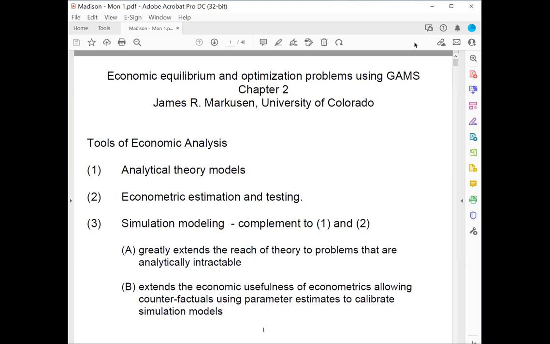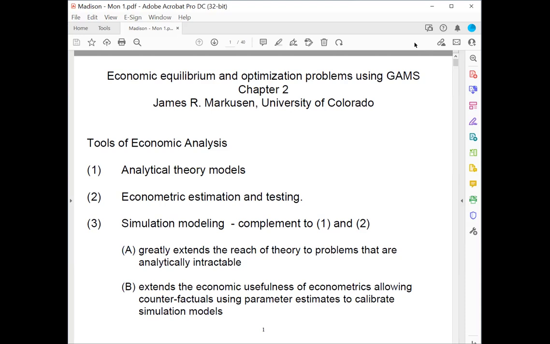They were way too confining. So I started turning to simulation analysis as a theory tool, which was very uncommon at the time in economics. You either did analytical models with pencil and paper, or you did econometric estimation. There wasn't anything in between.